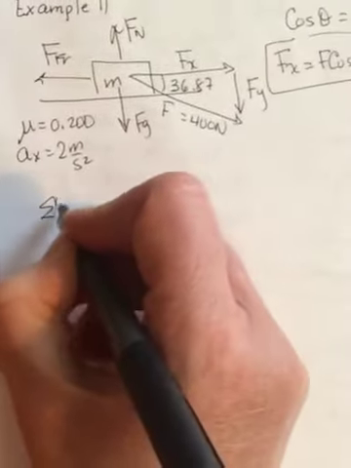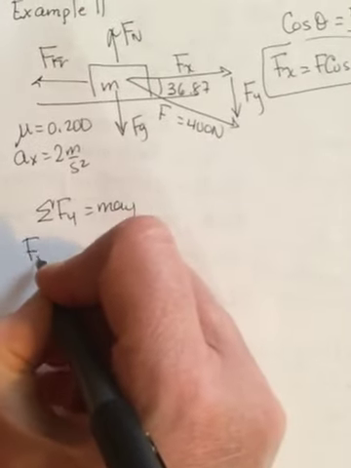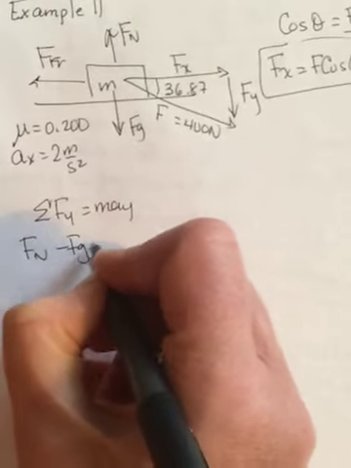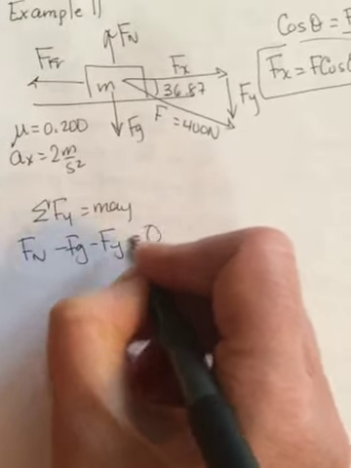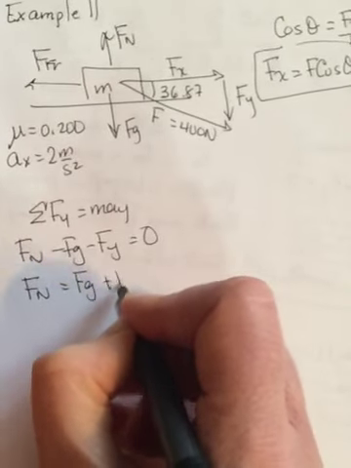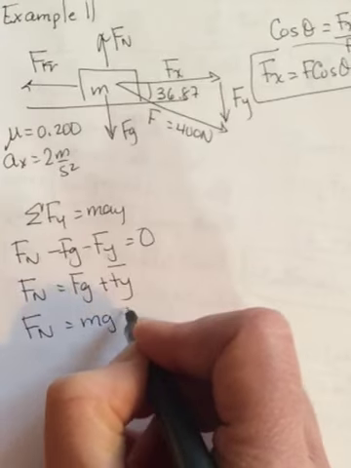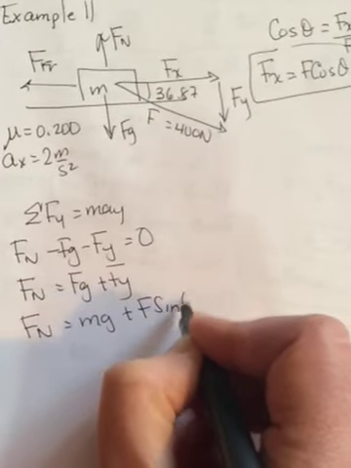So we go to sum of the forces in the y direction is equal to may, and it'll be Fn minus Fg minus Fy is equal to 0. So Fn will equal Fg plus Fy. So Fn will equal mg plus F sine theta. I'm going to run out of time here.